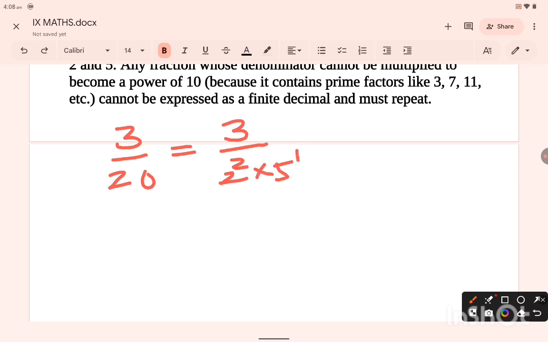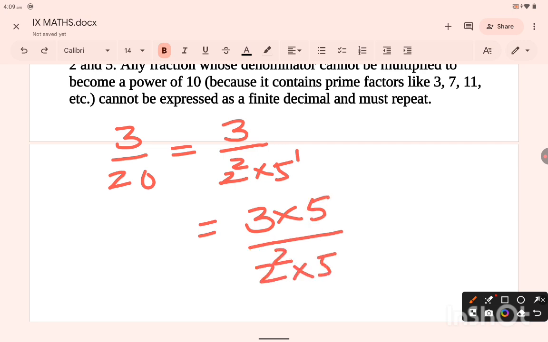Now we can multiply both numerator and denominator by 5. That gives 3 into 5 by 2 square into 5 power 1 into 5, which equals 15 by 2 square into 5 square, that means 10 power 2.